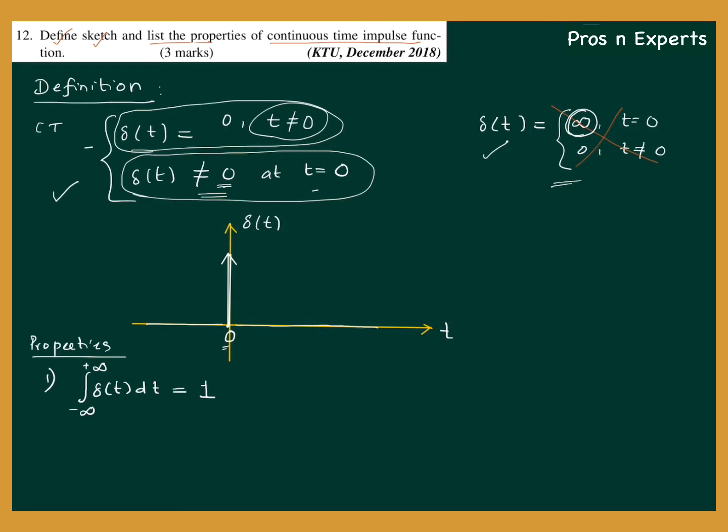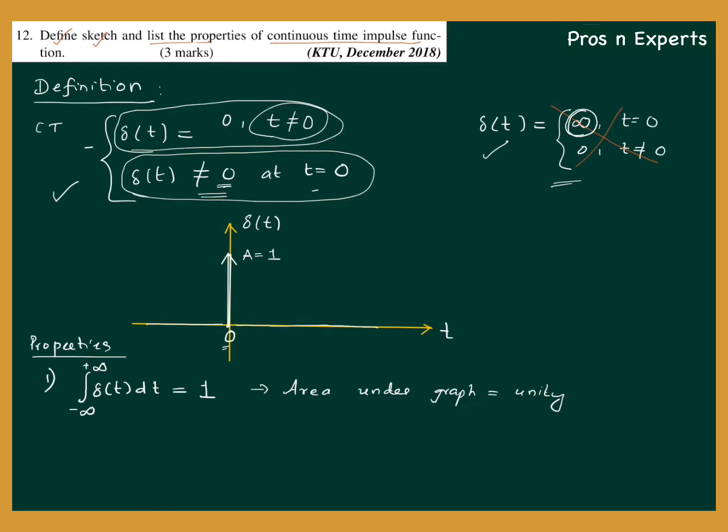It means the area under the impulse graph is going to be unity. So a unit impulse gives you a unit area. We denote the strength as A equal to 1 for a unit impulse signal. We usually say this as the strength of the signal. That is the first property.